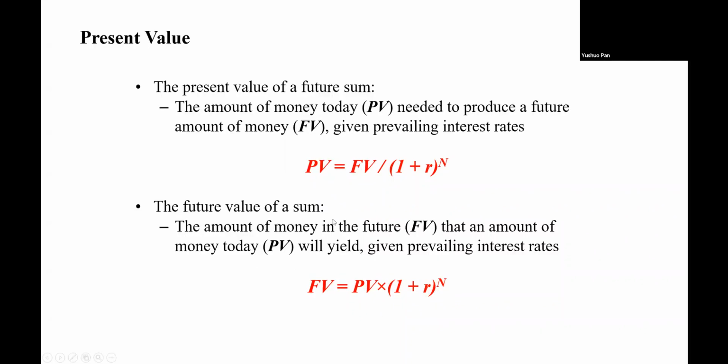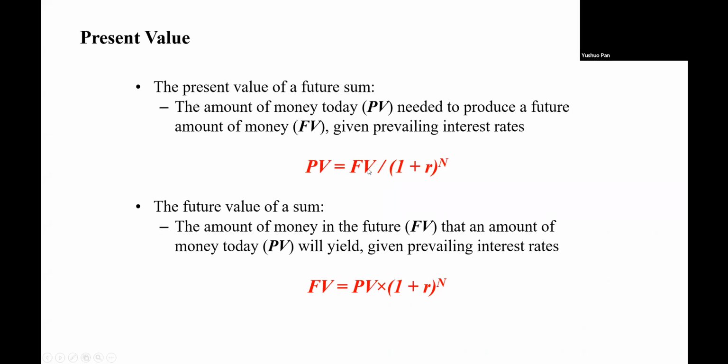The future value of a sum, the amount of money in the future, FV, that an amount of money today, PV, will yield, given the prevailing interest rate. It is kind of the same equation, you just move these two terms to different sides, right?